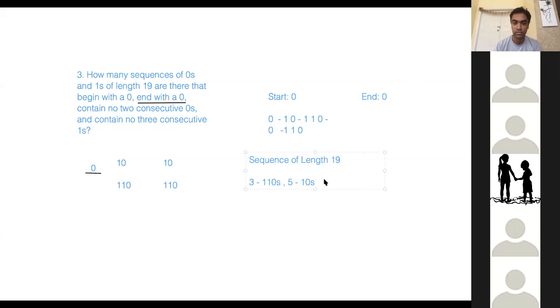You could do 6 110s. Okay, yep, that works. So this sequence is actually just 0, 1, 1, 0, 1, 1, 0, 1, 1, 0, and so on. So that's good. That's one option that we can do. Any other ideas?